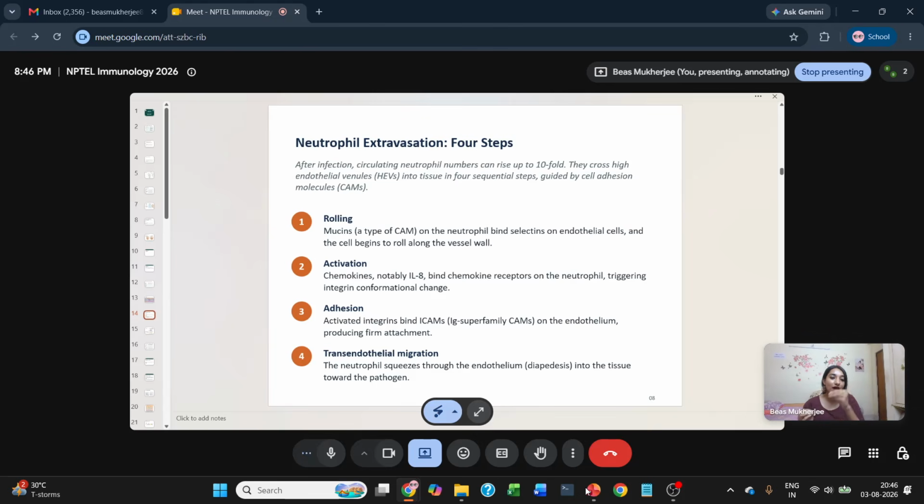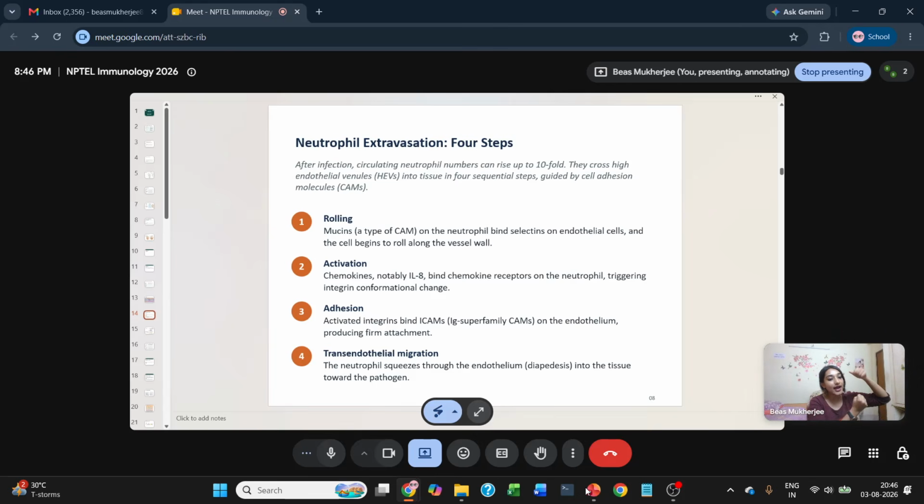And what happens once this interleukin binds to the interleukin receptor, this cross-shaped integrin becomes this parallel integrin molecule. And this parallel integrin molecule is now able to bind to this ICAM, which is there on the endothelial cell.